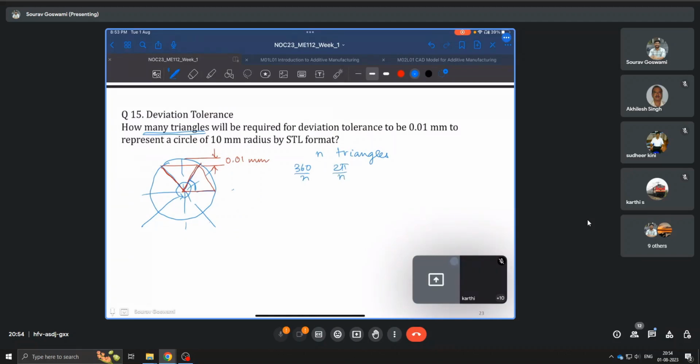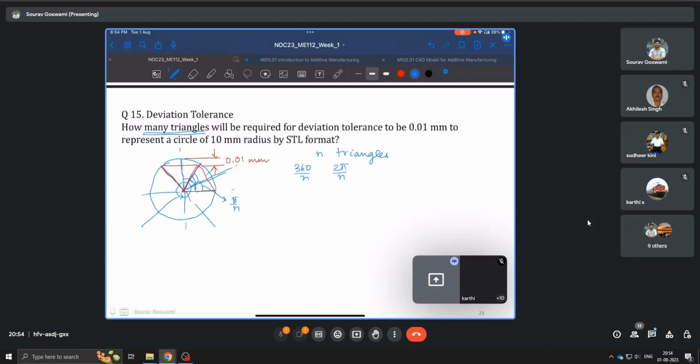Again, this normal is exactly halfway through, so it's an angle bisector. So either one of these is pi by n. Again, when you are checking for neighboring triangles, pi by n and pi by n will give you 2 pi by n again.